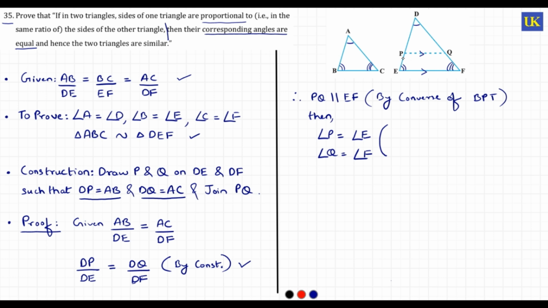So we know that if two lines are parallel and there is a transversal, then this angle will be equal to this angle, and this angle will be equal to this angle. This concept is called corresponding angles.